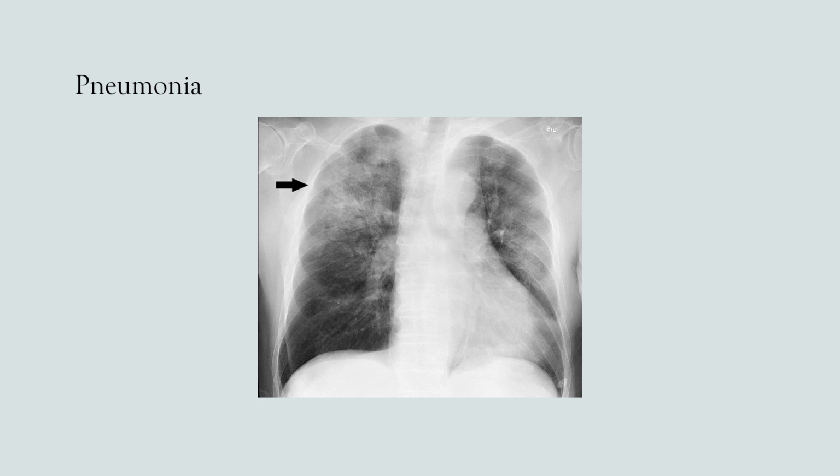And so we see what we call consolidations or patches of accumulation. You can see in that right lower lobe, it looks like there's good airflow, good oxygenation of that part of the lung. Okay, so it would be different if the lungs were completely whited out. That might not be pneumonia, that might be something else. So this x-ray is pretty telling of what we're looking at.